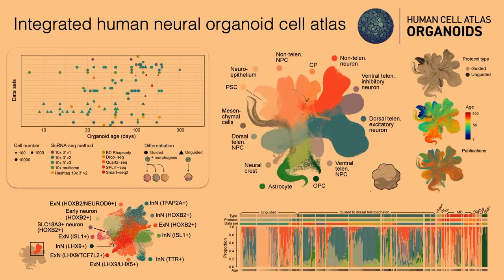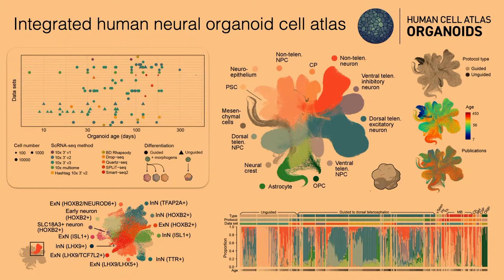If we now look at which organoid came from a guided or unguided protocol and what is the composition of that organoid, you see these stacked bar plots that show the composition of these organoids. You can see that generally the unguided ones have a big mix of colors here, whereas if they are guided to the cortex, you mainly have these blue cortical cells present.